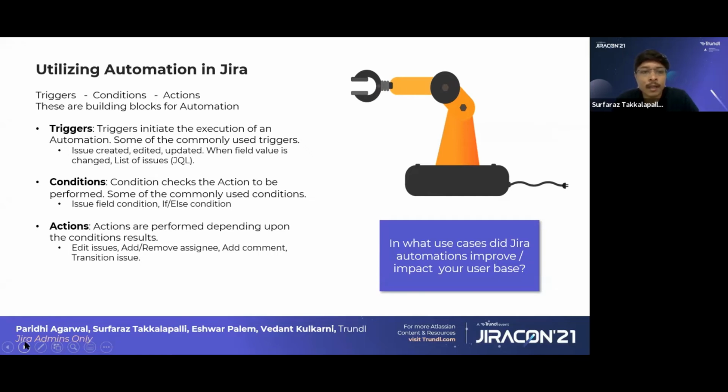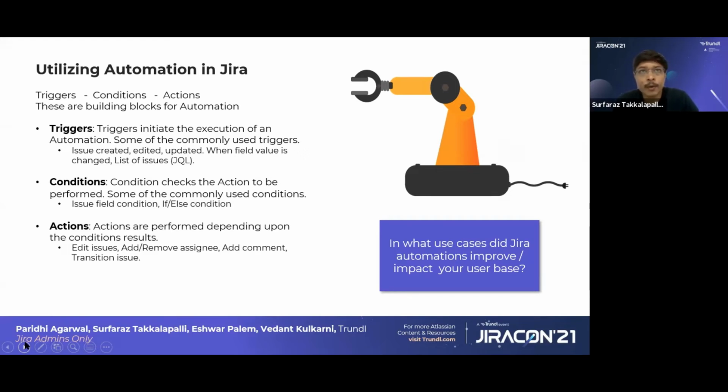Coming to conditions. If the condition returns true, then the action will be performed. Some examples of conditions are the if/else condition. If the condition is true, then the action will be performed, and if it is not true, then it will not execute the rule. And we have the issue field condition.